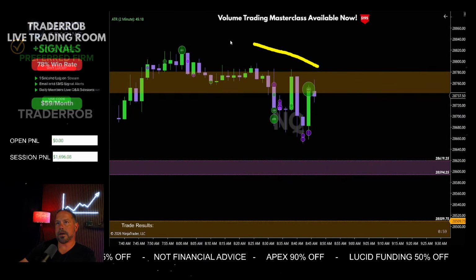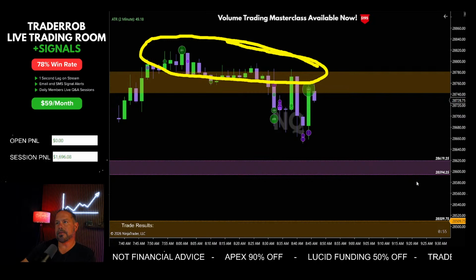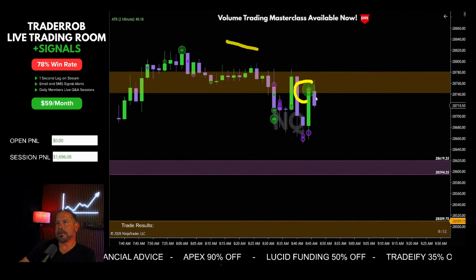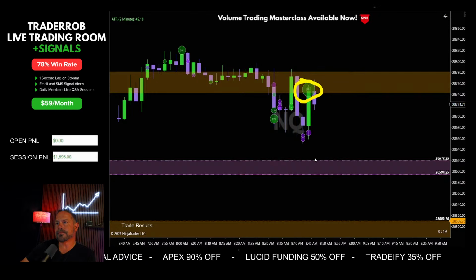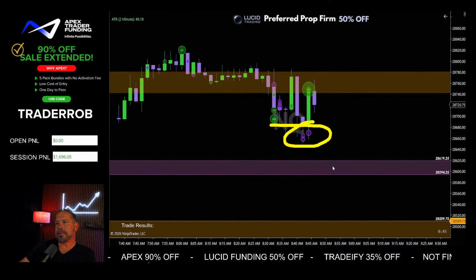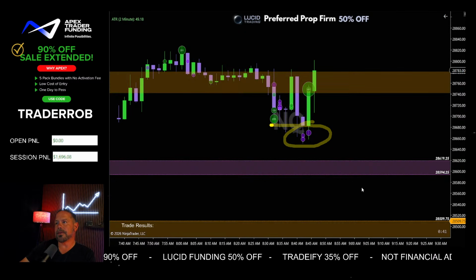Well, so far, the bears right here have done a pretty good job of holding this market down. And you can see that the buyers are definitely trying. And the bears can't push much beyond here, so it's a pretty nice tug of war. Okay, strong movement there.